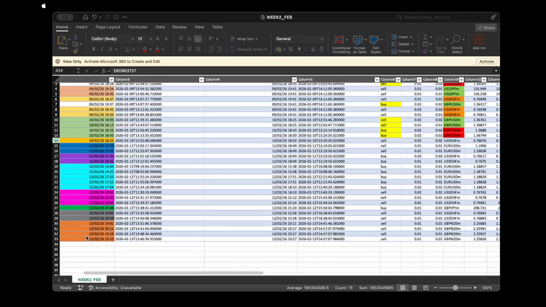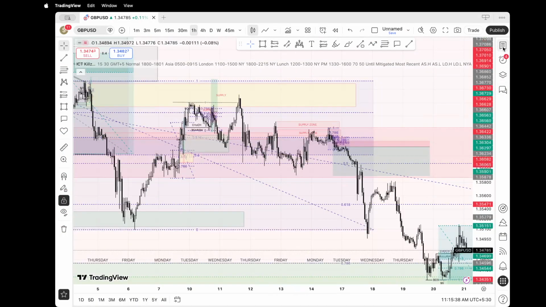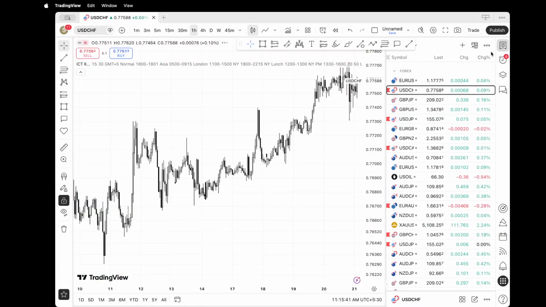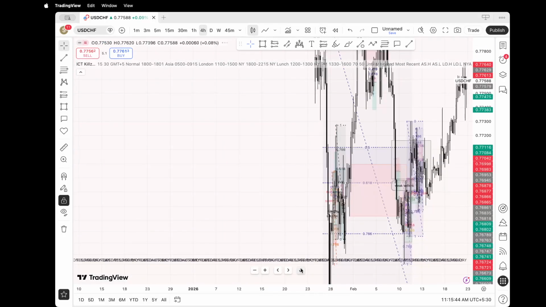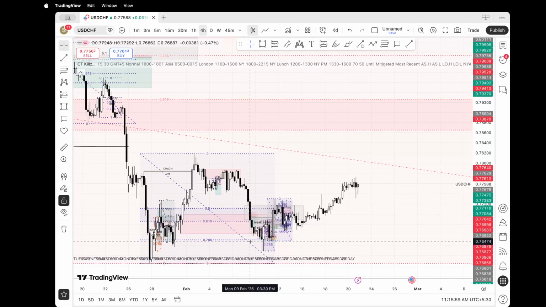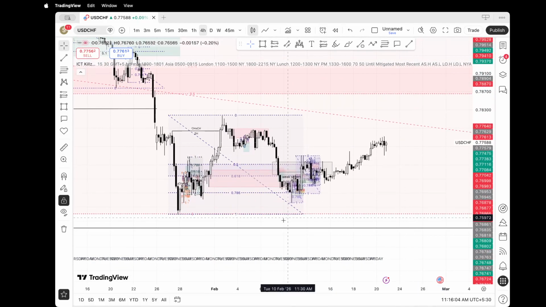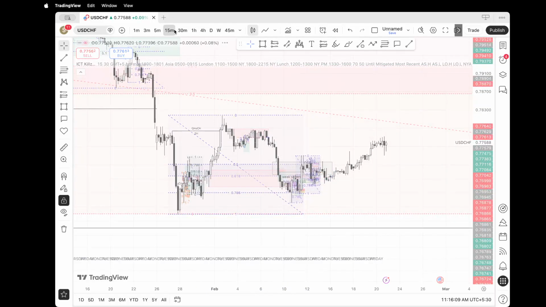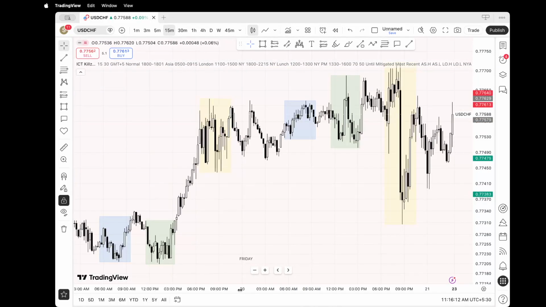USD CHF, 6th of February, right? Or 10th? Let me reconfirm it once. It's 10th of Feb. So 10th, 9th, and I took a sell trade. This order block got manipulated, and then we took the trade based on the manipulation of the order block.